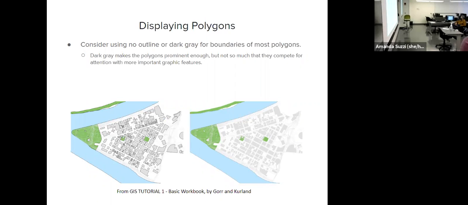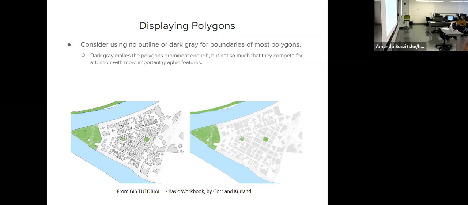So we're going to talk about polygons, but I'm also going to talk about the lines first. If you didn't want to know where that borough was, you'd want it to recede as the background. So do not outline boundaries of most polygons. So far you've done a lot of larger scale things. California, of course you want to put the boundaries of California. Yes, that makes sense.